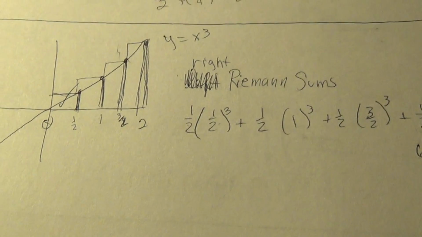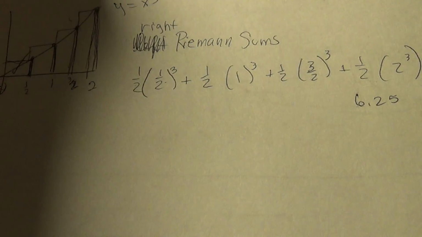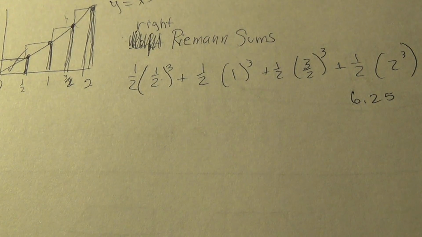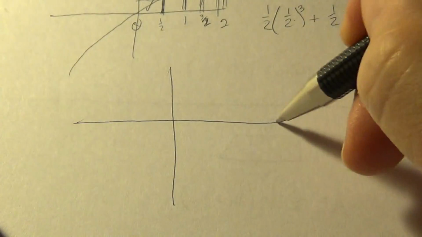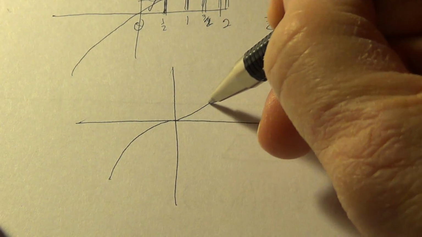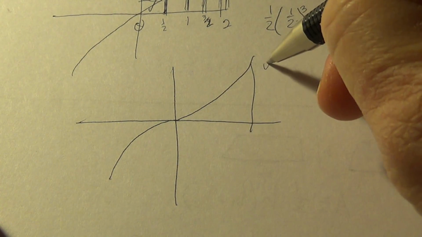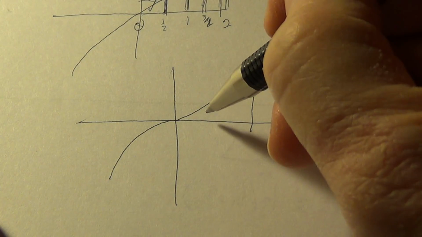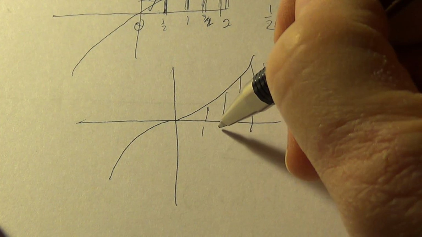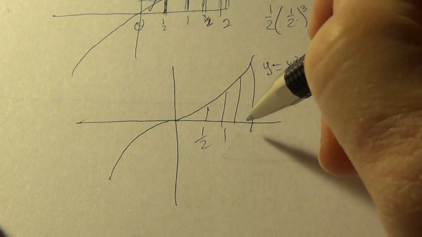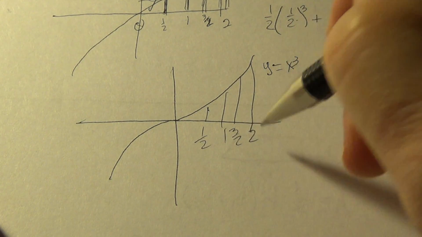Now we'll do the same one and we'll do the left sum. So I'll draw it again. y equals x cubed, 4 subintervals: 1/2, 1, 3/2, 2.